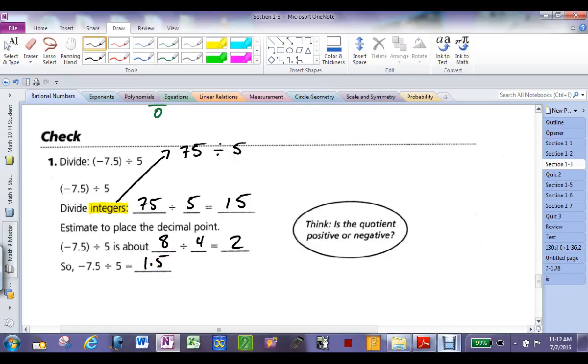What's missing from that? It's negative because one of them was negative. Does everybody see how estimating helps them out? Again, it's not that useful except to check on a long question when you've got a lot of calculating to do. It's a good idea to take that estimate for a sec.